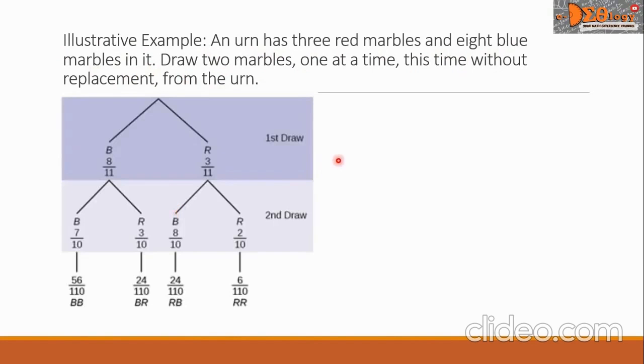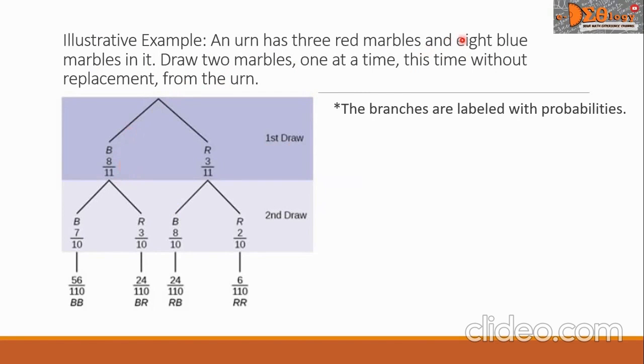Here is the example of our tree diagram. We can see here that the branches are labeled with probabilities. This first level is the first draw of a marble. The first branch represents the probability of taking a blue marble. This is 8/11.